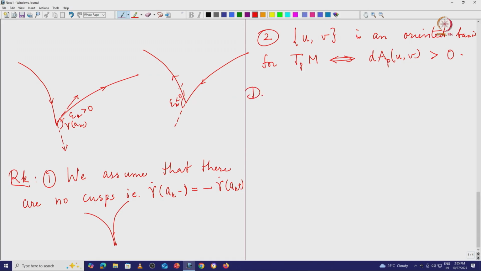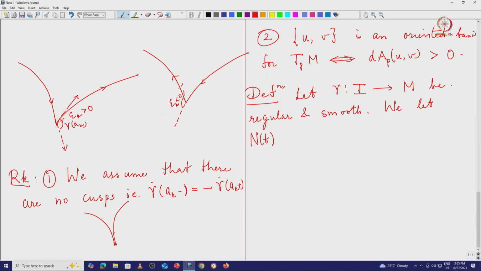Okay. So I need another couple of definitions before I can state the local Gauss-Bonnet. So let gamma be a regular curve, regular and smooth, let us say. So the idea is that if you look at this curve, you already have the velocity vector, and you want to define a vector that is orthogonal to the velocity vector. That is going to be this n of t.